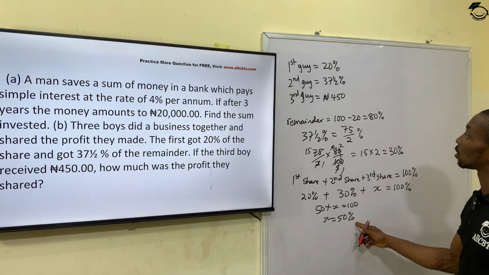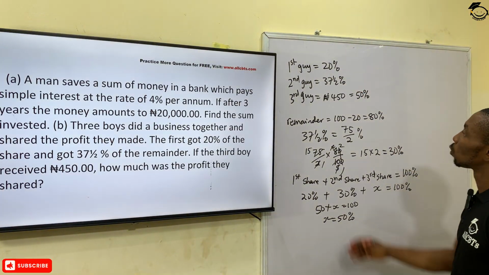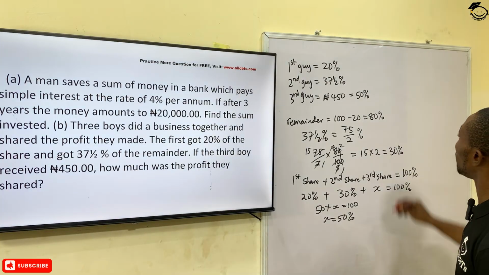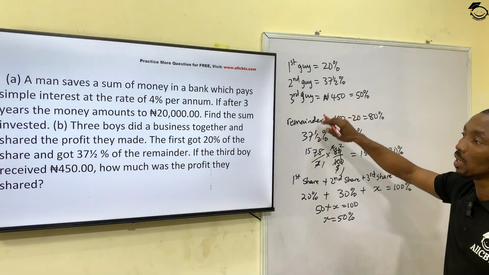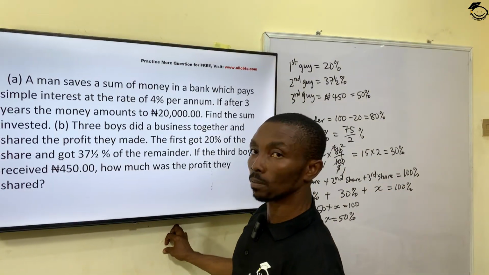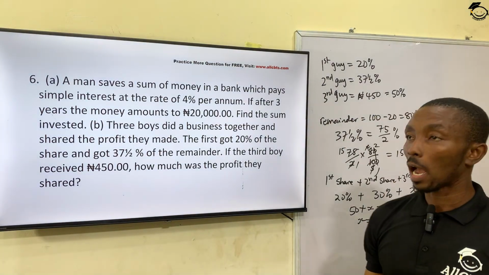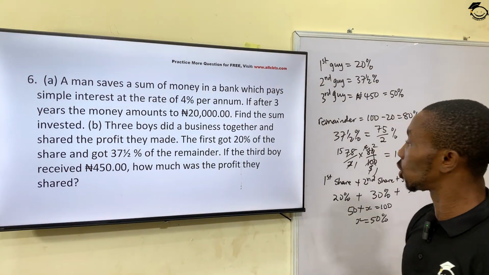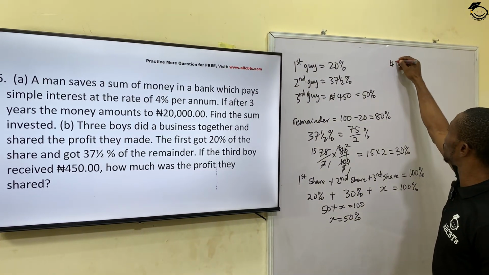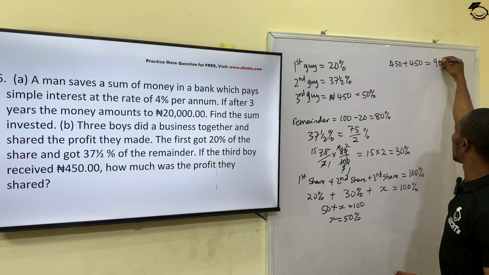So if the third guy took 50% of the profit, which is 450, and we are asked to find how much profit they shared, this becomes 450 plus 450, which gives us 900.